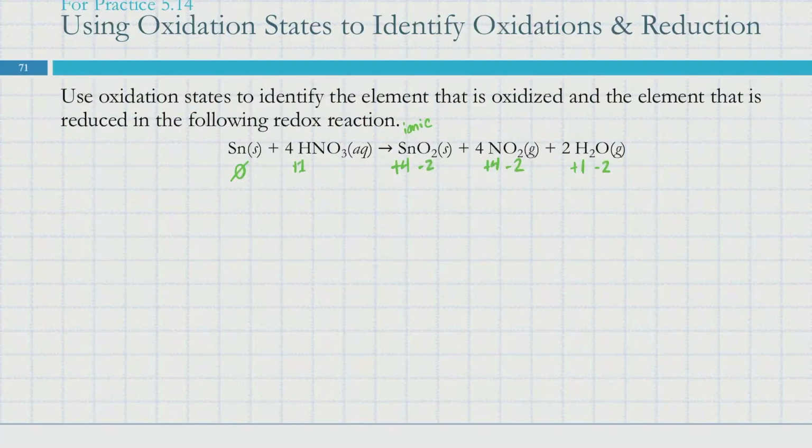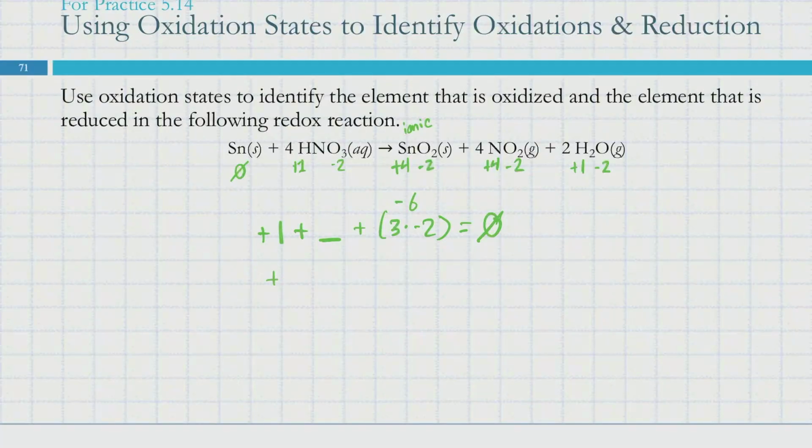So we do our +1 for hydrogen, our -2 for our oxygen, +1 plus whatever we have for nitrogen, plus 3 times -2 for our oxygen has to equal out to 0.